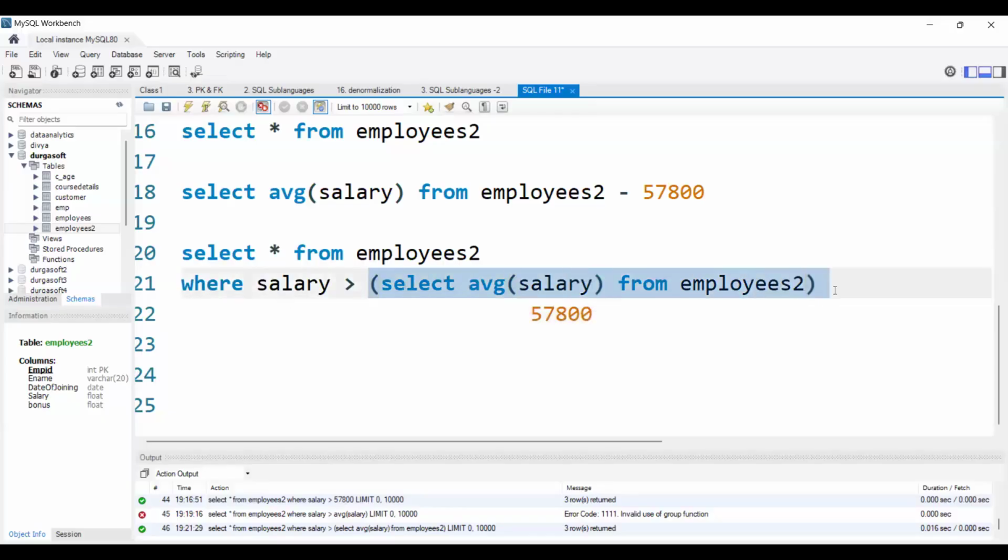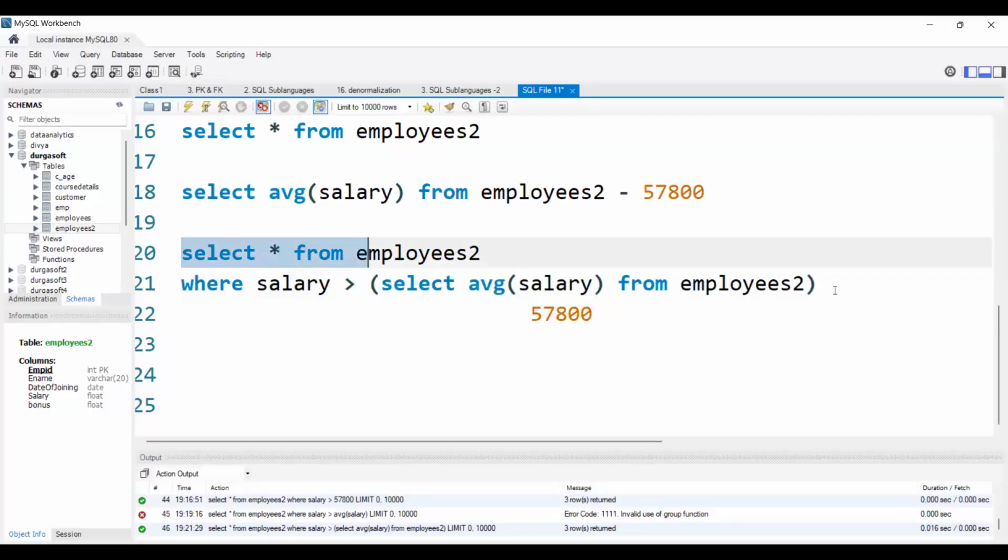Whenever there are subqueries, SQL will first solve the inner query, and whatever output it gets, it gives as the input to the outer query. That means it will run select star from employees where salary greater than 57,800. By taking this as input, it will solve this query. Am I clear?